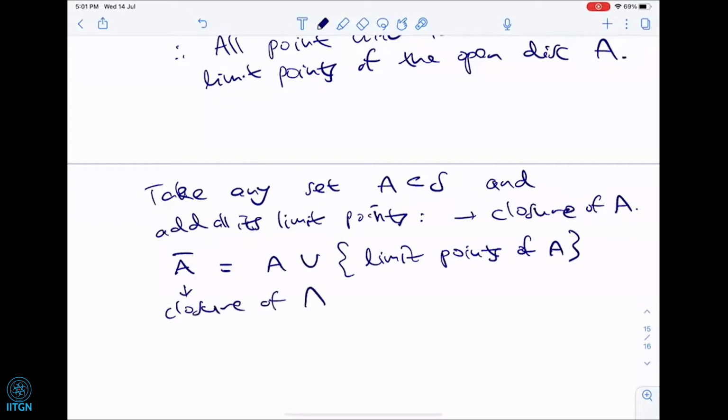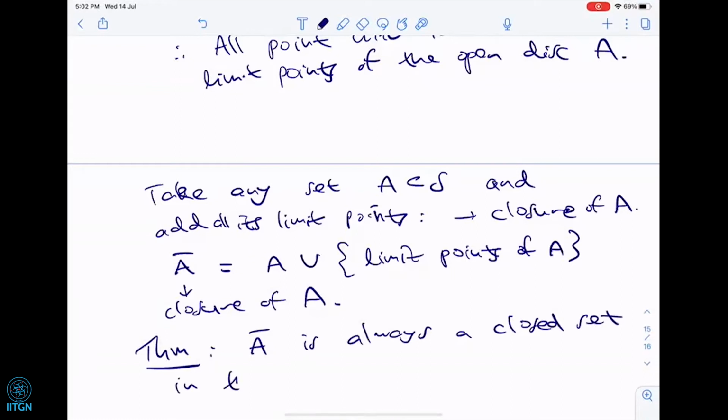Now I've used a suggestive word, but there's a theorem that if I do exactly what I said, then A bar is always a closed set in the topology. So this answers the question I had.